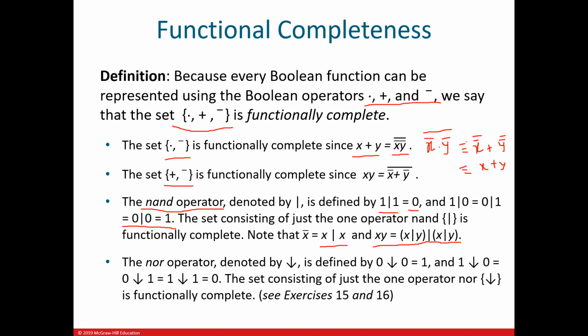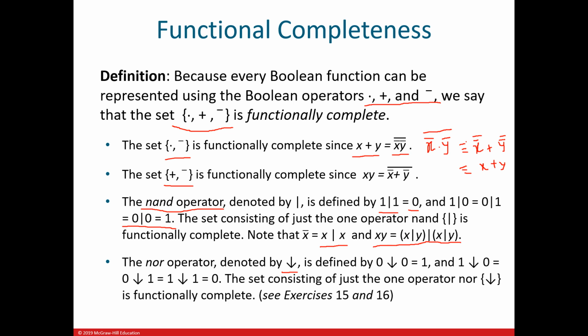Then the NOR operator, again it is the negative OR operator, and you can see the notation is a downwards arrow. Now it takes the OR function and it negates the OR function.